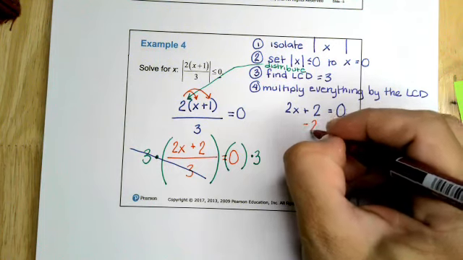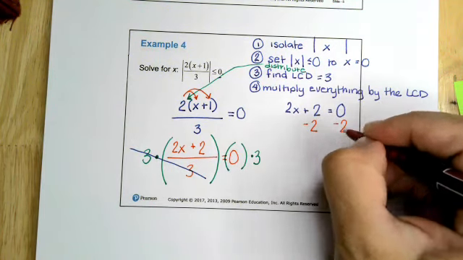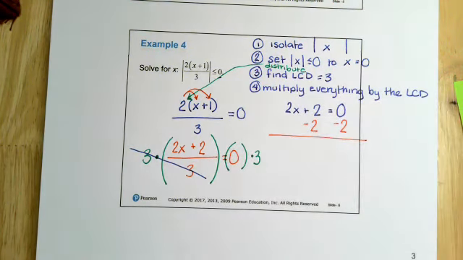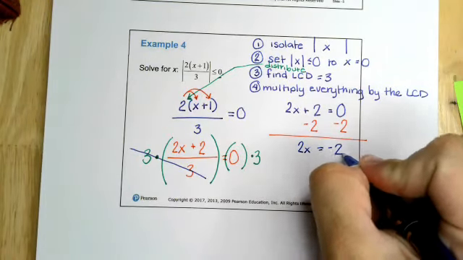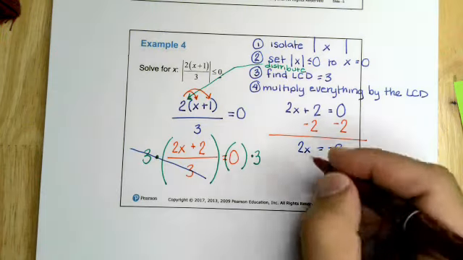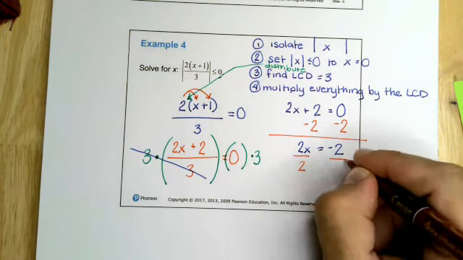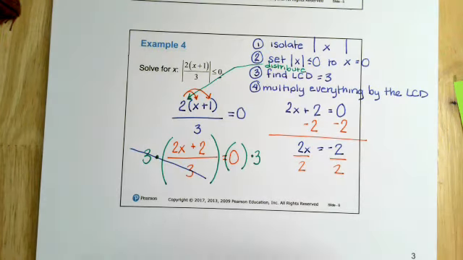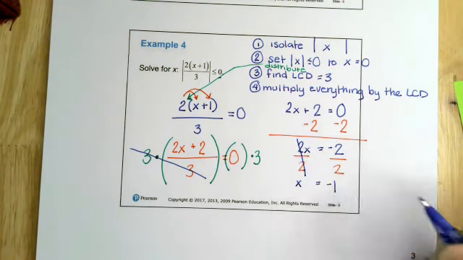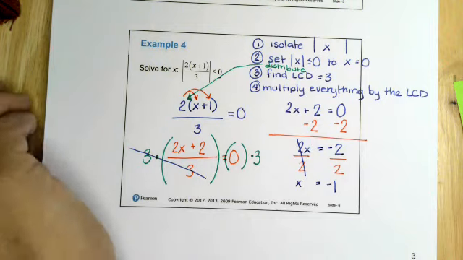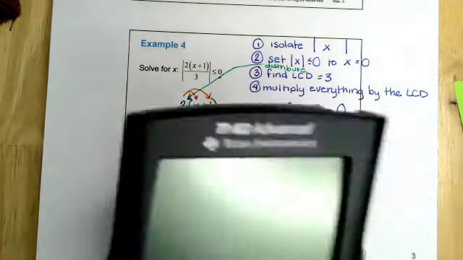Subtract 2. Subtract 2 on this side. 2x is -2. Divide by 2. Divide by 2. X is -1. All right, and let's check our answer.